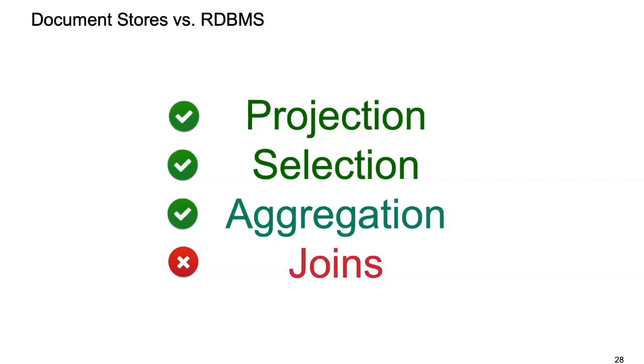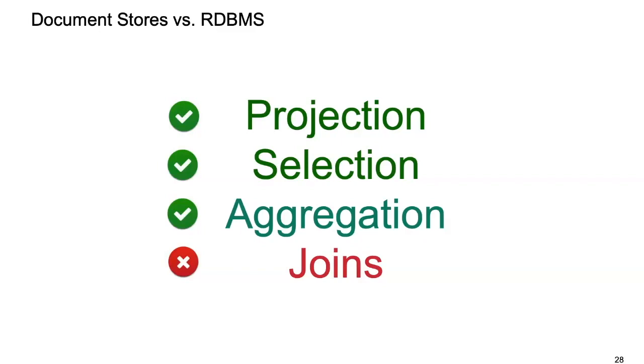Now if we want a system like PostgreSQL, we need to query the data. So we need an algebra, we need a query language, and so on. Now, the people who designed these things didn't reinvent the wheel. We reuse the same concepts like selection, projection, aggregation, group by, and so on. But there is one thing that document stores do not do well. They were never designed really for that.